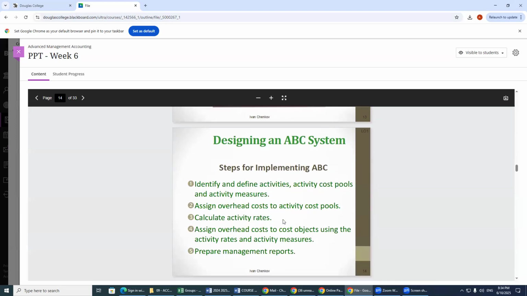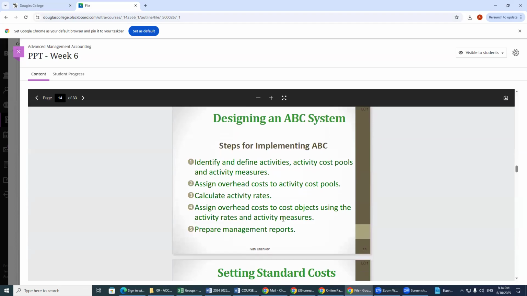Again, the steps of implementing activity-based costing: identify and define activities, get the activity cost pools and activity measures. Then we're going to assign the overhead cost to the activity cost pool. We're going to calculate the activity rates. And then we're going to assign the overhead cost to the object using that activity rate. And then we're going to prepare the management report.